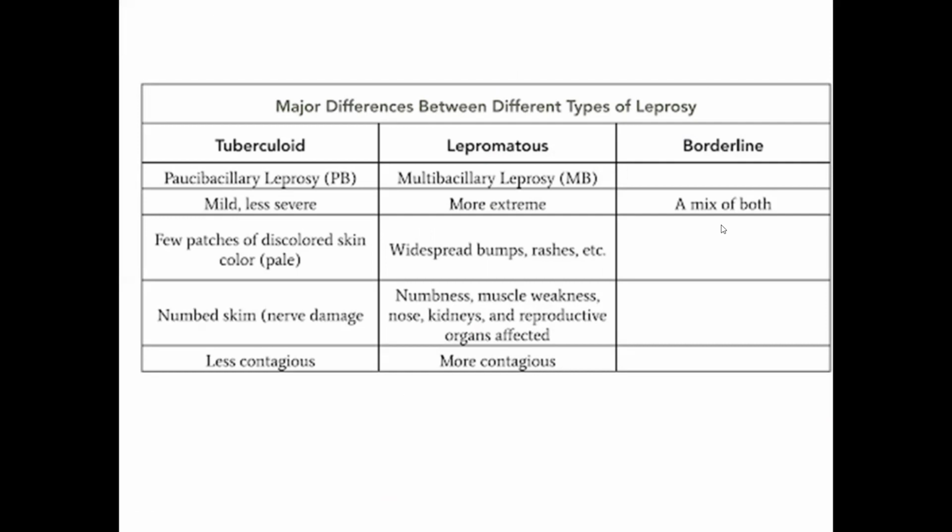The lepromatous is the extreme or the severe type. So, tuberculoid, it has few patches of discolored skin and with less nerve damage, no? It is less contagious. Pero pag lepromatous, it is the one that is more contagious and with many complications like muscle weakness, problems in the nose, kidneys, and reproductive organs.